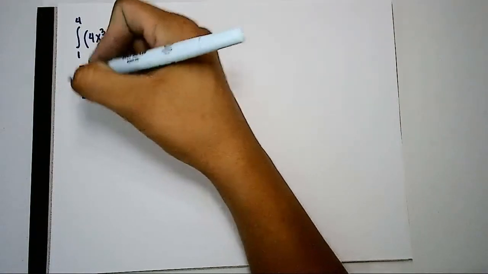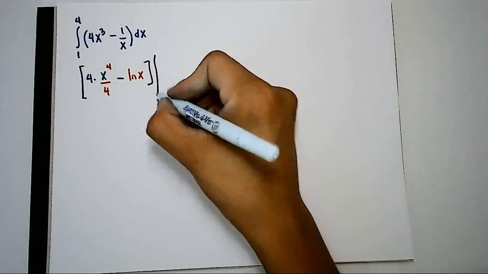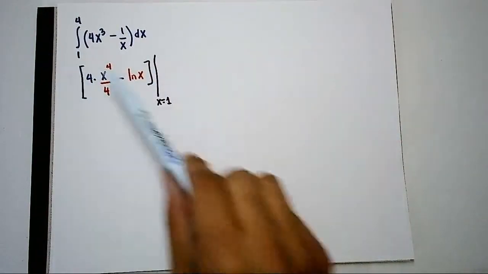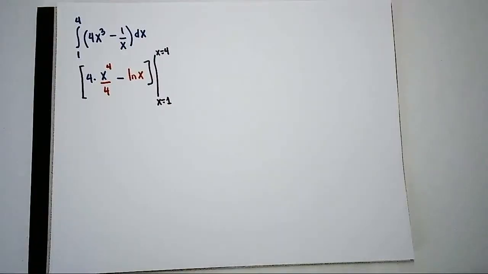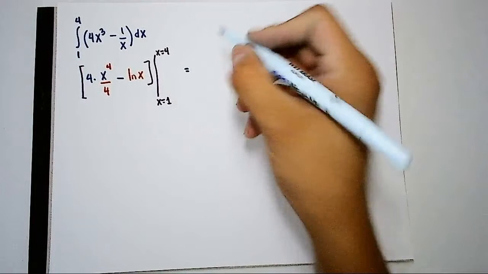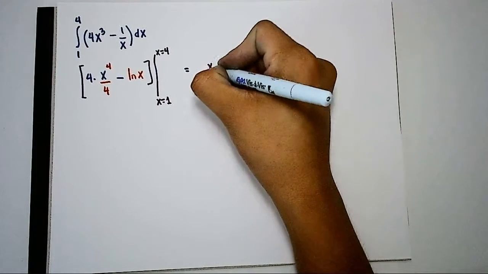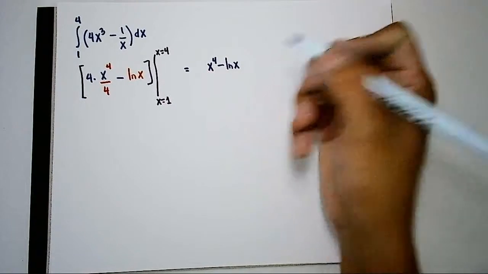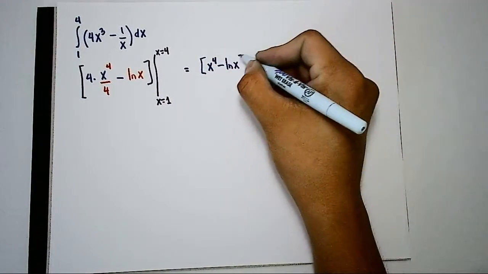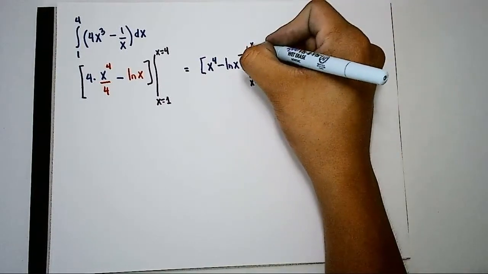And this will be integrated from x equals 1 to x equals 4. Before we proceed with the integration, we can make simplifications. 4 divided by 4 is 1, so we have x to the fourth minus natural log of x. That goes from 1 to 4.